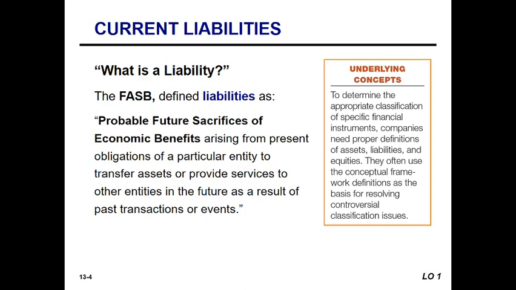This allows us to represent on the balance sheet a truer, more transparent picture of the obligations of the organization. Often we use the conceptual framework definition as the basis for resolving any controversial classification issues. So, this is really just the starting point for us.